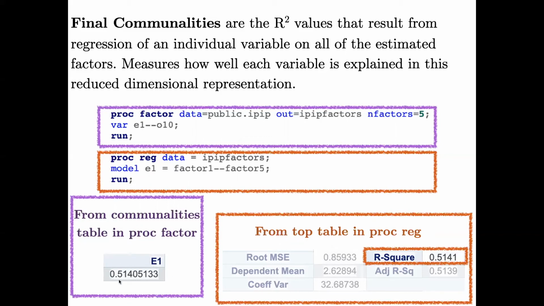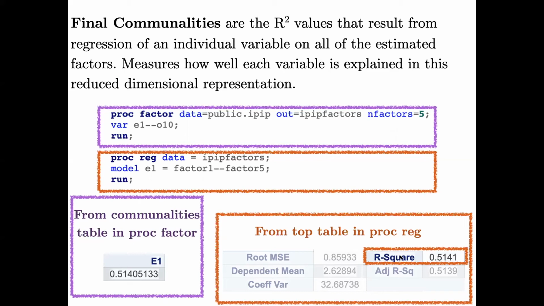For E1, it was 0.514. If I actually run a proc reg predicting question E1, so I'm going to try to predict this question from factors 1 through 5, you'll see that R squared is precisely that communality. Okay, so it really is how well can we explain the variability in E1 using these 5 factors?